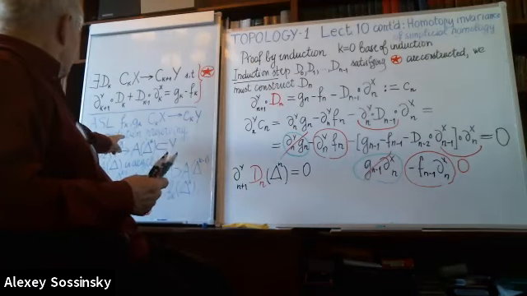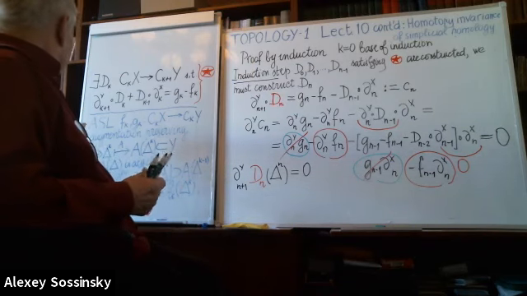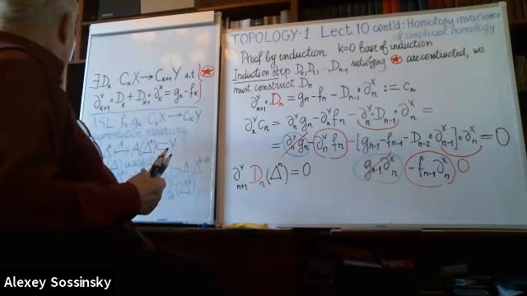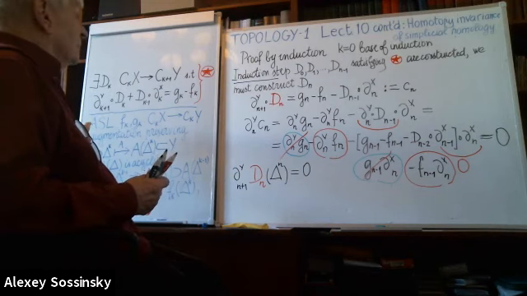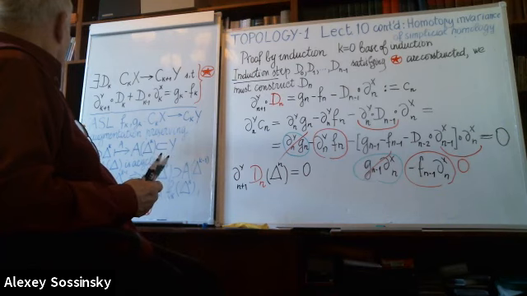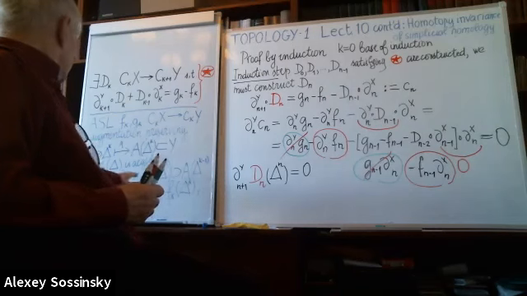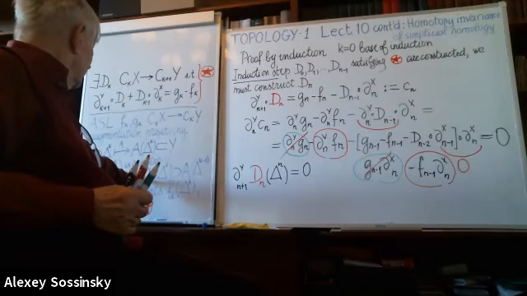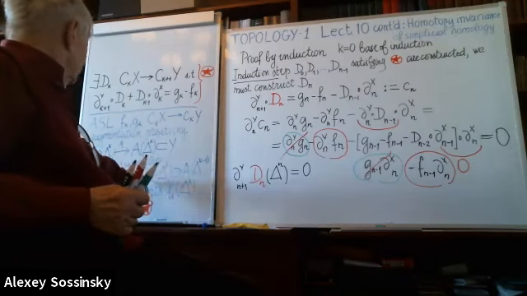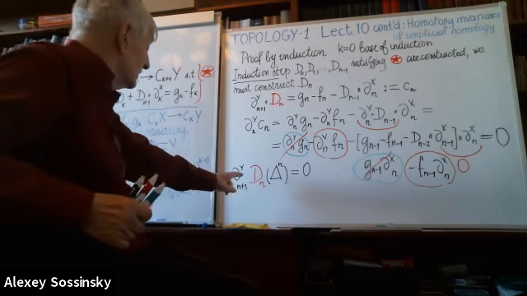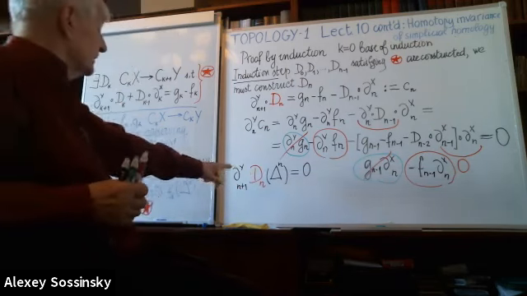Now it follows from the conditions of the lemma about acyclic supports that there is no homology in A of delta K. And this lives in A of delta K.